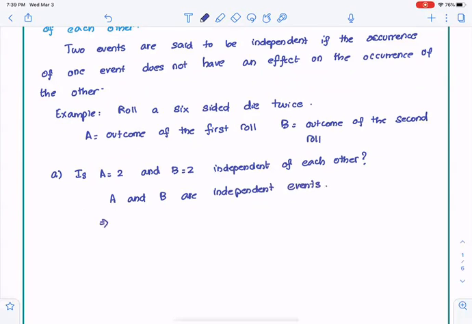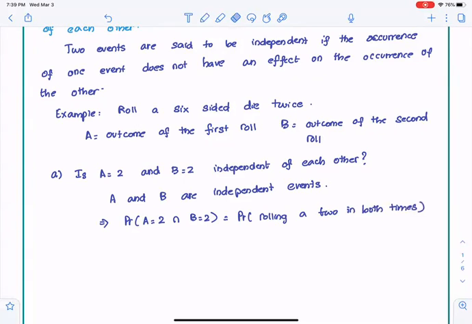So that would simply mean probability of A equals 2 and B equals 2 simply would mean that we get rolling a 2 in both times, or simply say both times.